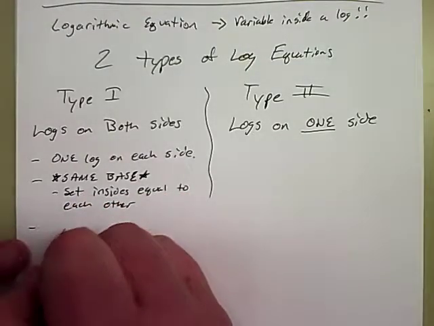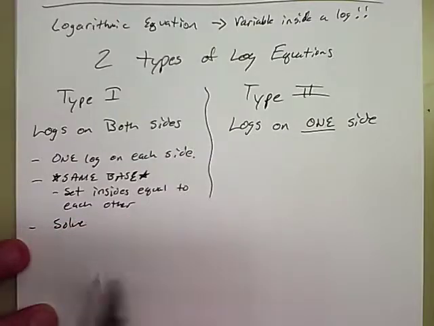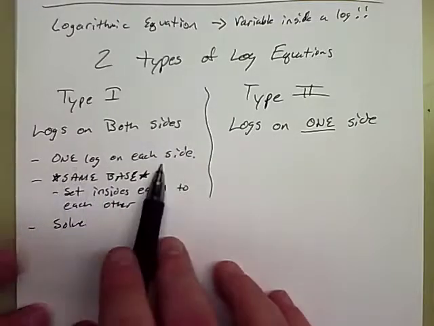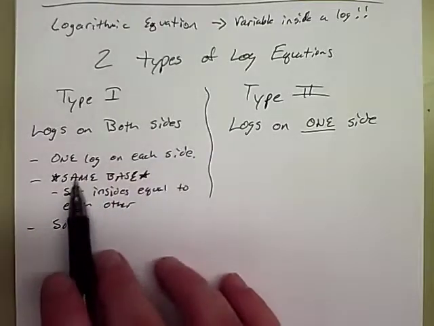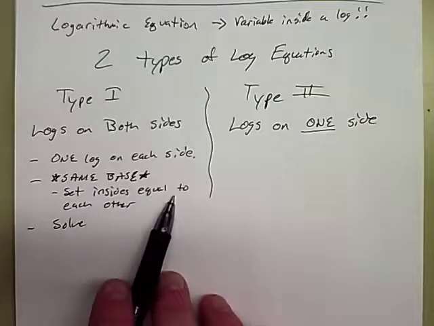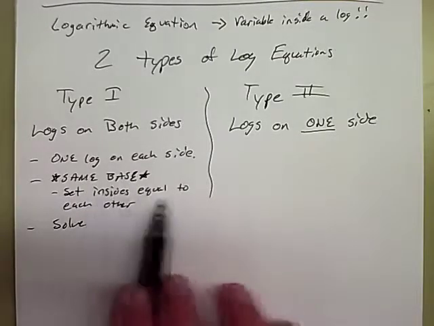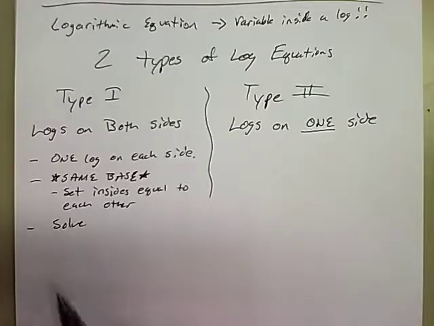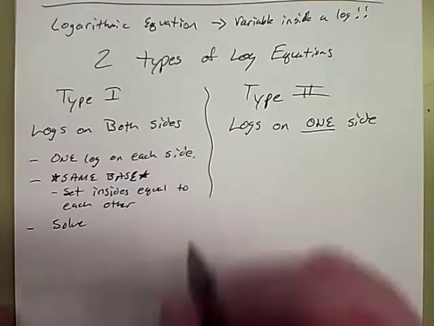And then we're going to solve. So we need to get one log on each side. As long as we have the same base, then we can set the inside part, the argument, equal to each other. And the last is we're going to solve the remaining equation. I'll show you exactly what that means here in just a moment.